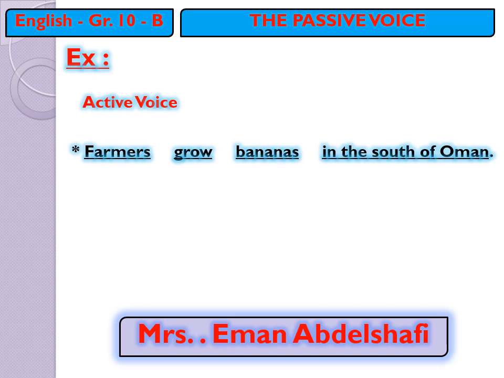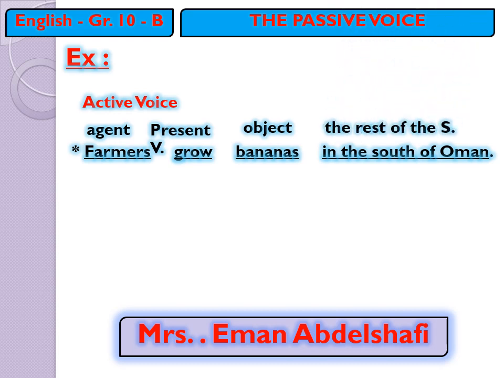Farmers is the agent of the sentence. Grow is a present verb. Bananas is the object. In the south of Oman is the rest of the sentence.